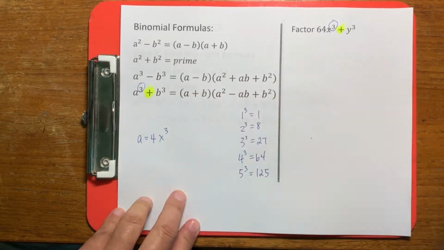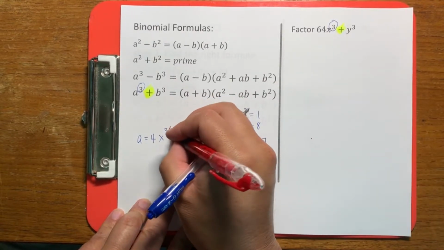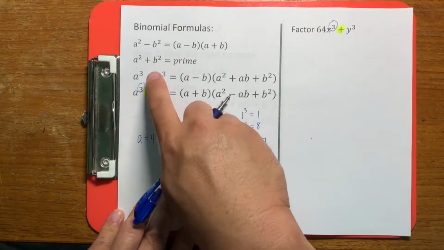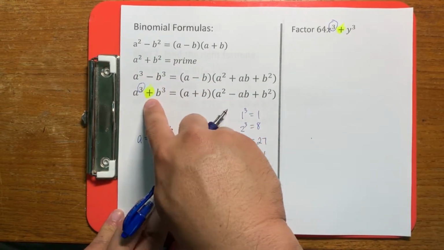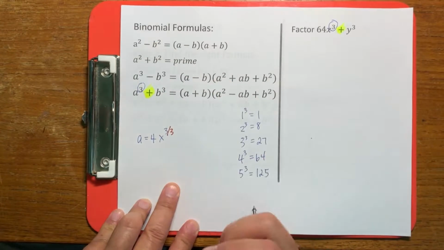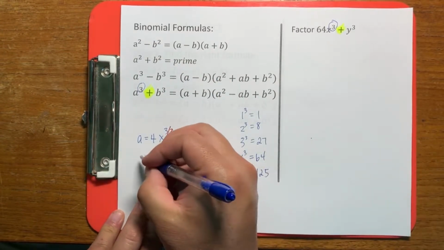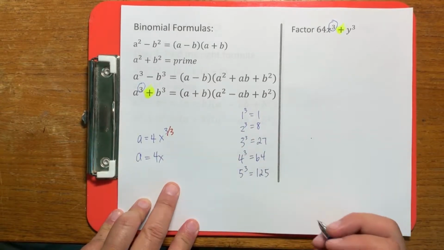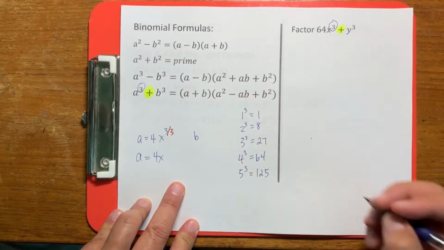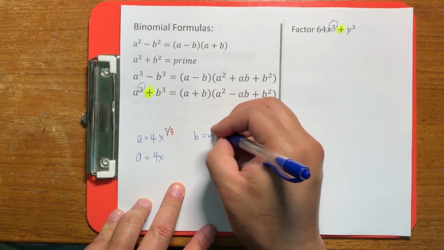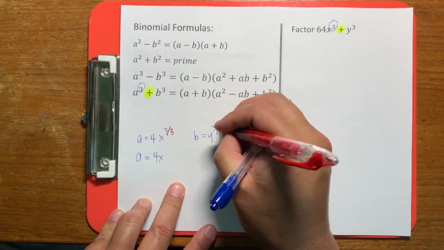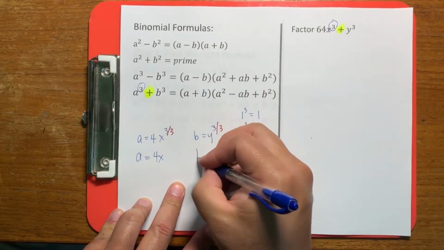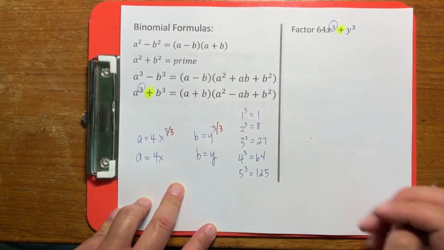And then we should divide our exponent by 3. So remember, we divide these exponents by 3 and this one by 2 when we're trying to find a or b. So we get a is equal to 4x, and we get b is equal to y cubed divided by 3. So now we get b is equal to y.